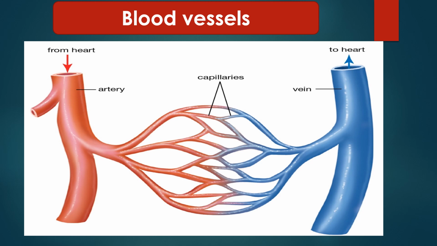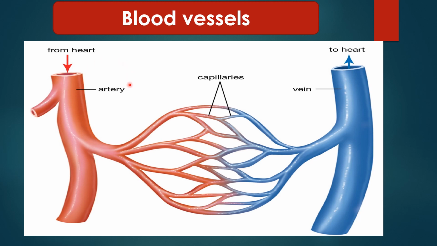To circulate this blood in the human body, we need blood vessels. So what are blood vessels? These are tube-like structures which transport blood from one part to another part. We have 3 different kinds of blood vessels.